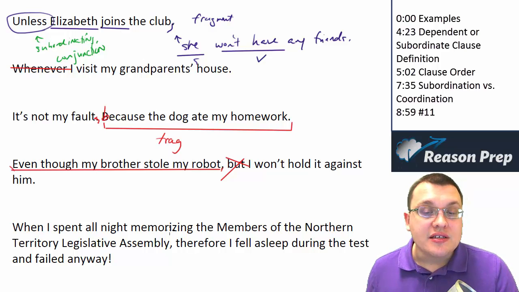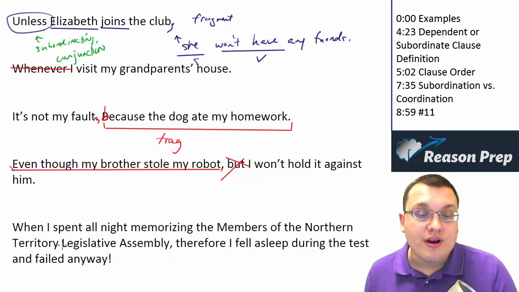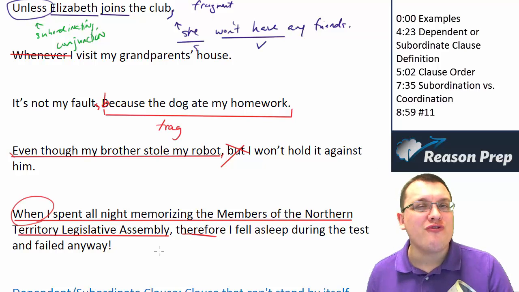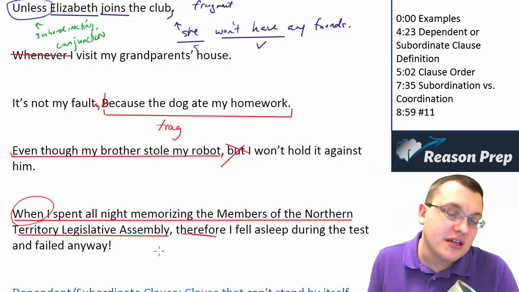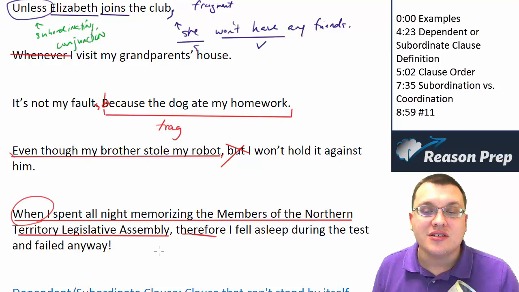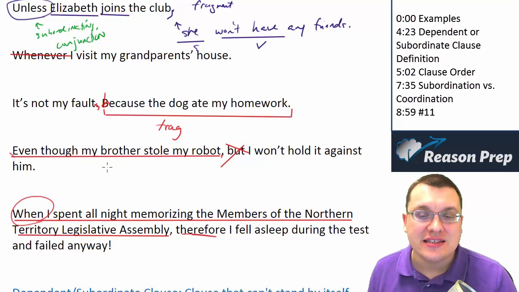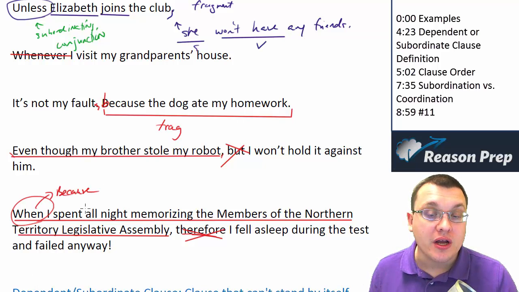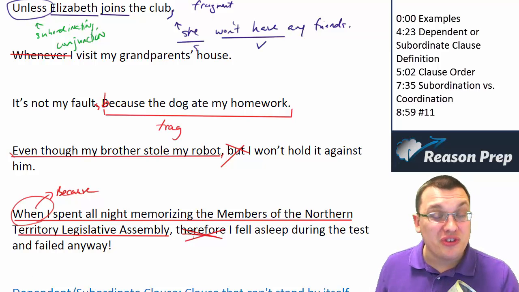When I spent all night memorizing the members of the Northern Territory Legislative Assembly, therefore I fell asleep during the test and failed anyway. So here we have kind of the same thing as before. We have this when, which is introducing this subordinate clause. But then we have this therefore, and we have either a redundancy or just an improper way to put these sentences together. Again, I would probably get rid of the therefore, or you could change this to the word because, and I think you would still get rid of the therefore.